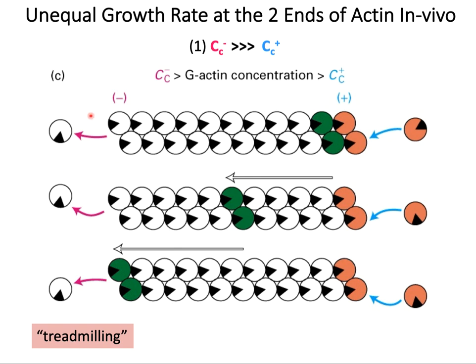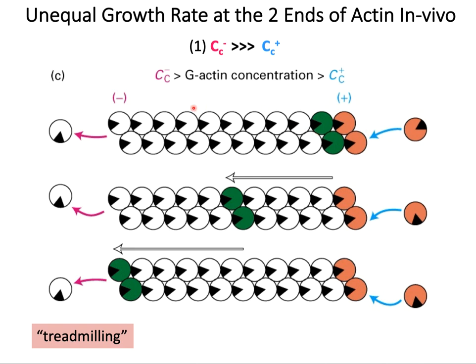On the other hand, the G-actin concentration in the cytosol is greater than the critical concentration at the plus end. This will drive the reaction towards the filament at the plus end, where the G-actin concentration is higher than the critical concentration. You are going to get formation of filaments until the critical concentration is reached.